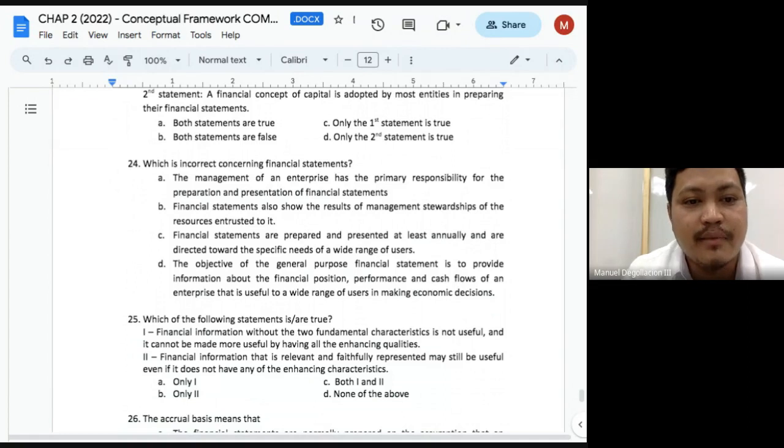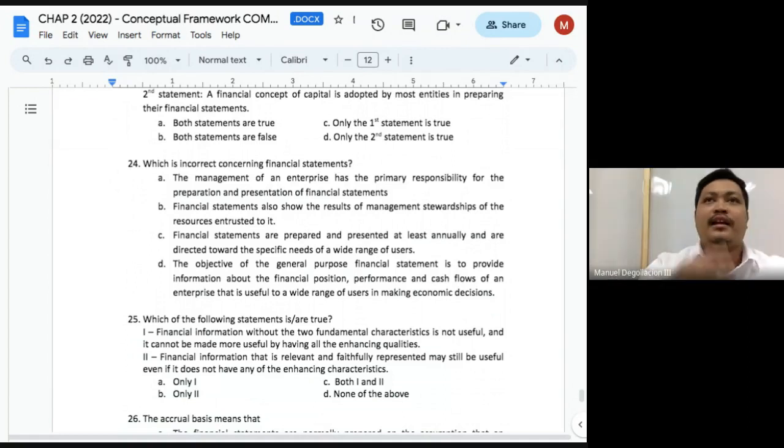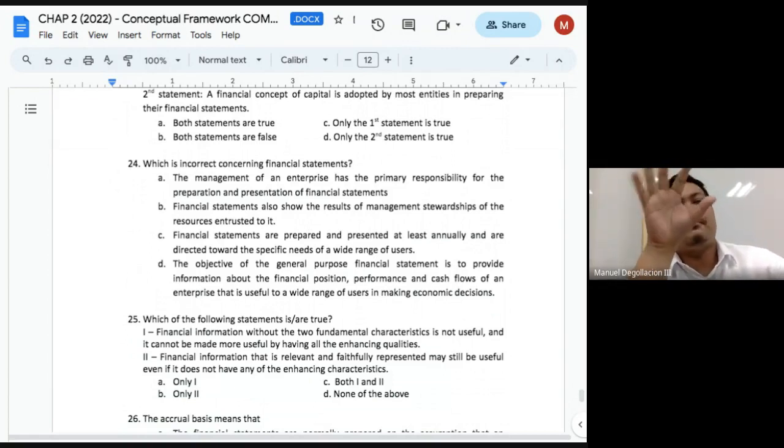Okay, the management of an enterprise has the primary responsibility. Because I used to tell my students, anytime you encounter a question wherein one of the choices include management, class, almost always the answer would be management. Does not matter what question it is.